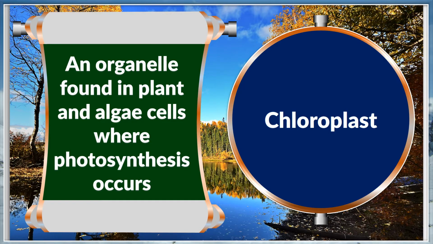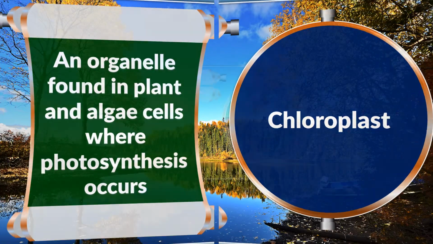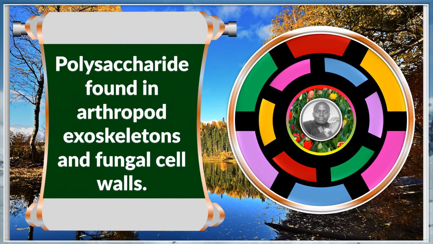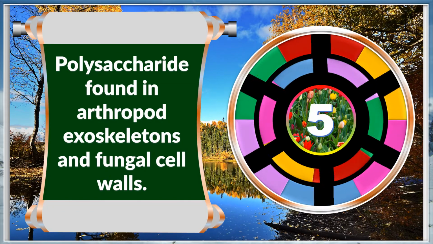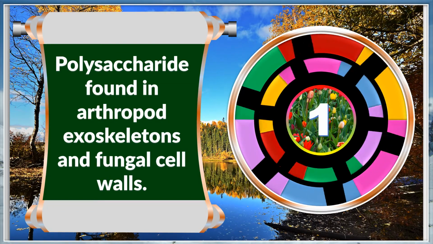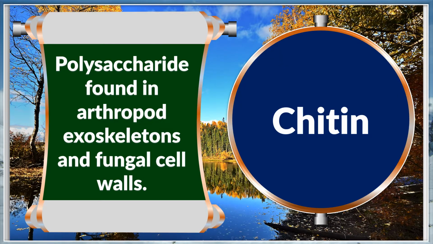Chloroplasts. Polysaccharides found in arthropod exoskeletons and fungal cell walls. Chitin.